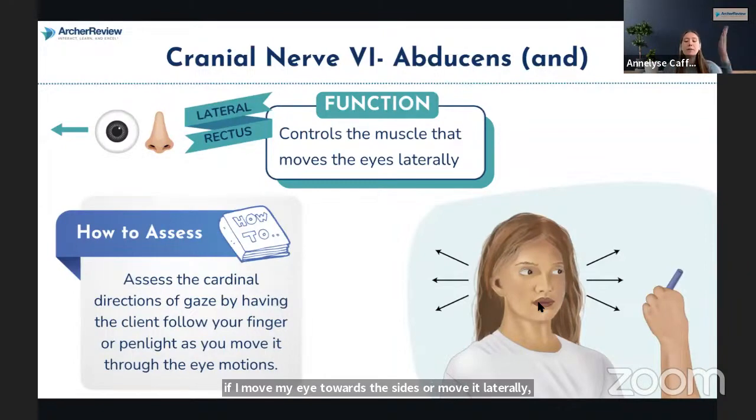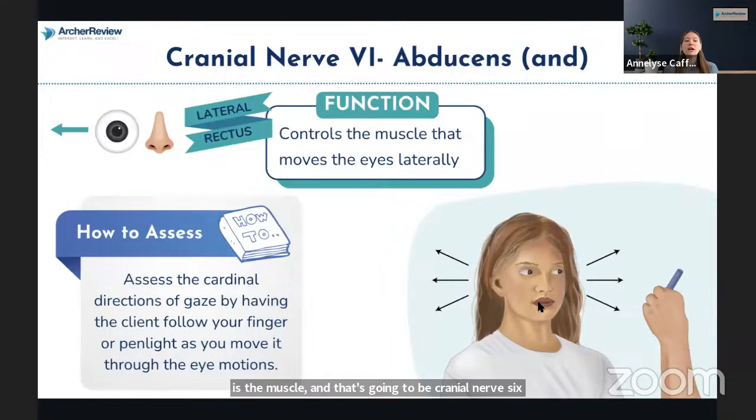And this one's pretty easy to remember because lateral rectus. So the lateral muscle is in charge of, of course, lateral movement. So as you move your eyes laterally, think lateral rectus is the muscle, and that's going to be cranial nerve 6 abducens because we are abducting the eye away.